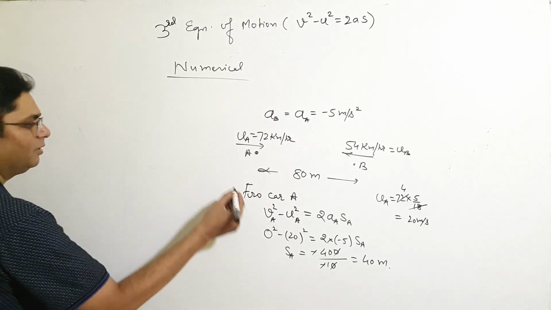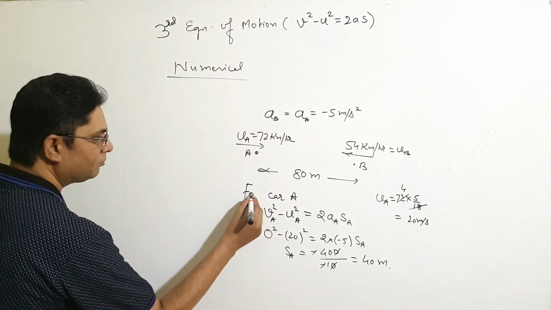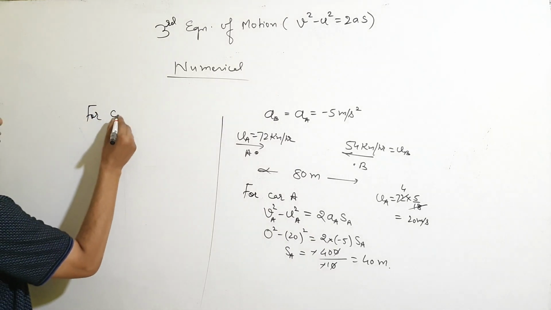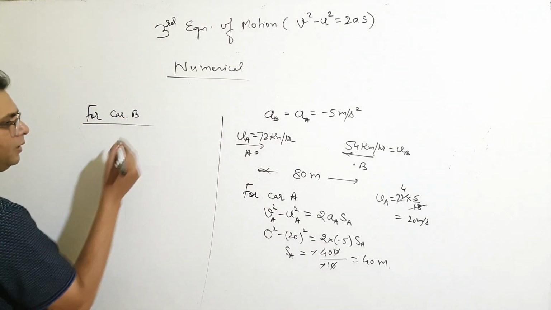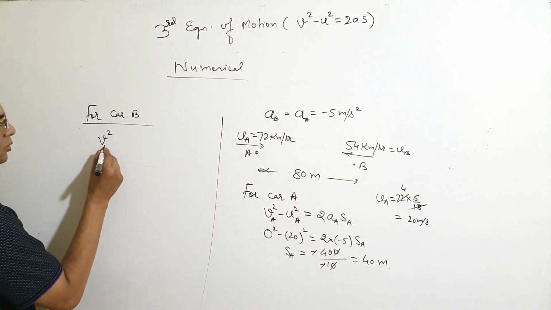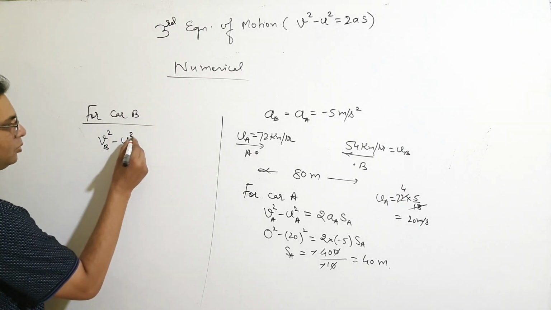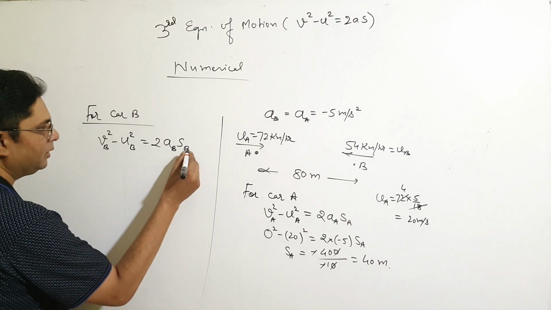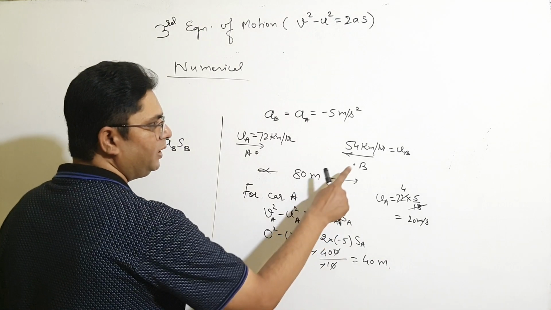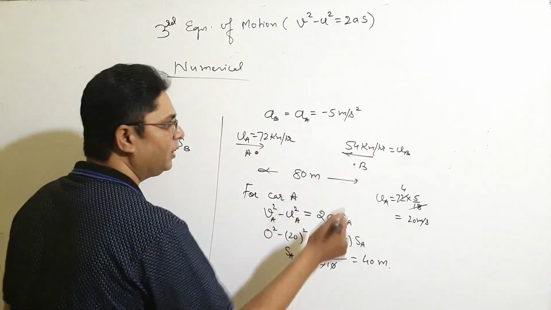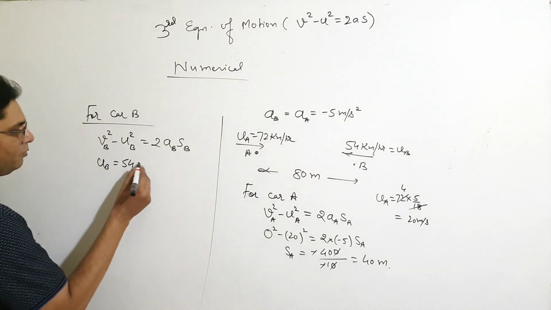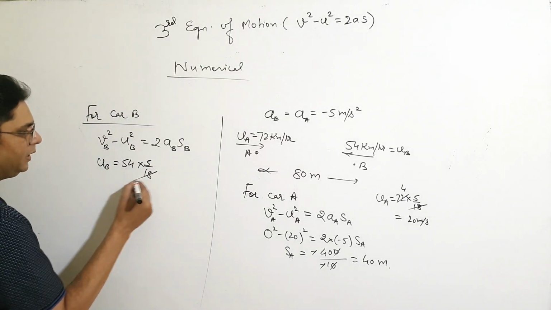What about car B? Let's see. For car B, you have the formula v_B square minus u_B square is equals to 2a s_B. Here the speed of car B is 54 km per hour. So u_B equals to 54 into 5 upon 18.